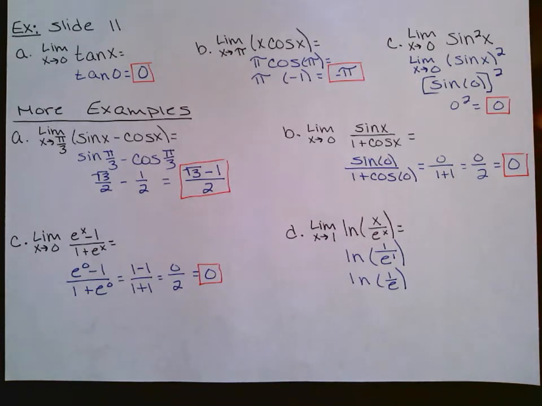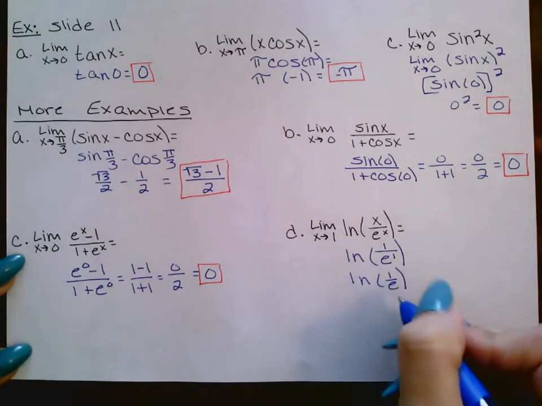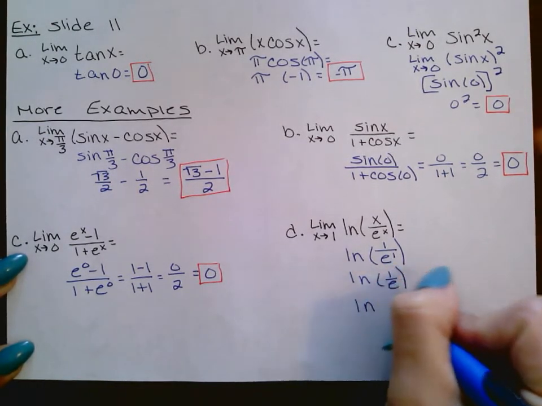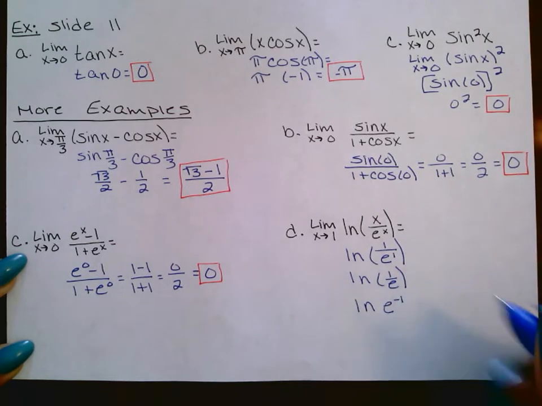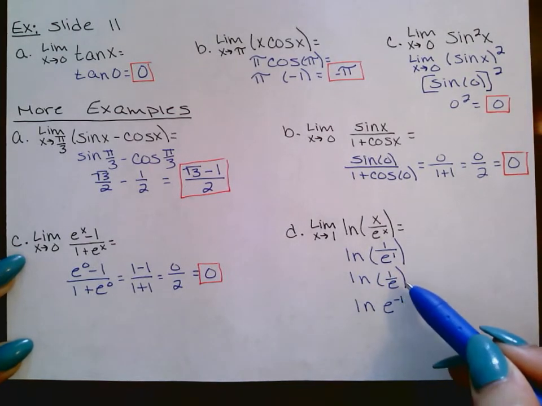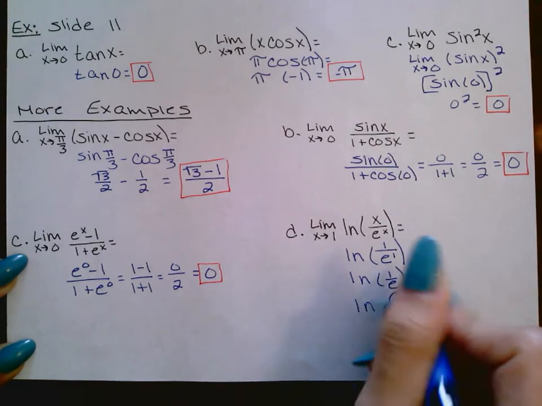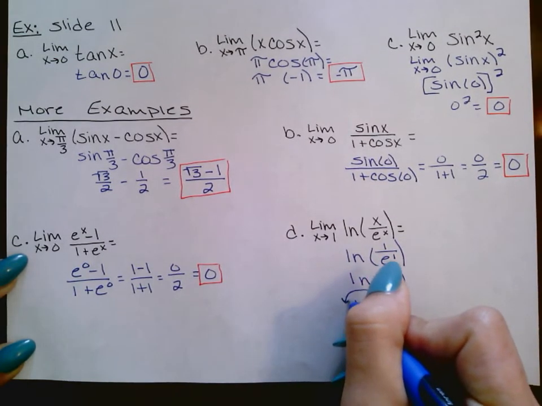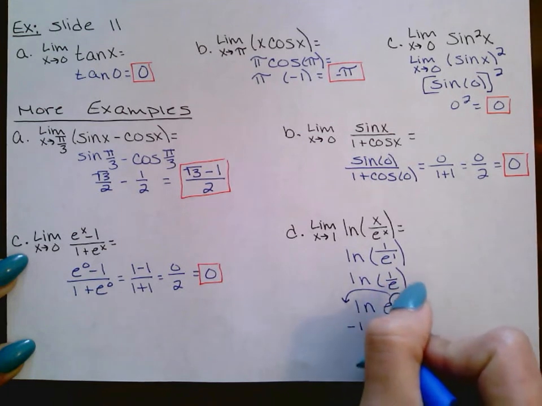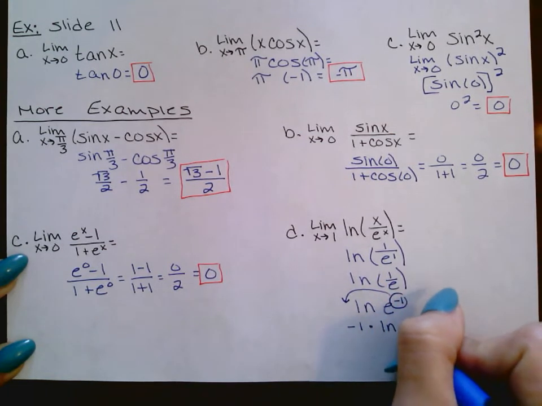Remember that ln's and e's cancel out. So in order to cancel out that ln and e, I would have to rewrite this as ln of e to the negative first. I brought that e up with a negative exponent, and now this negative 1 can move to the front, and I have negative 1 times ln of e.